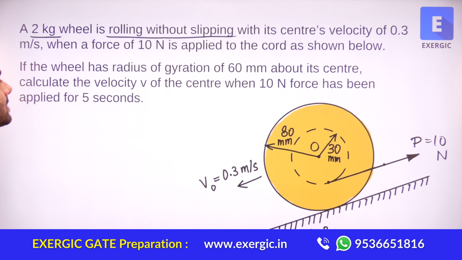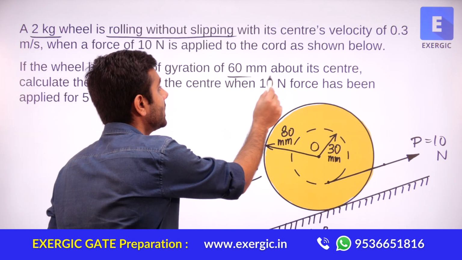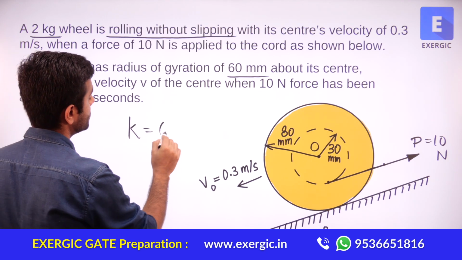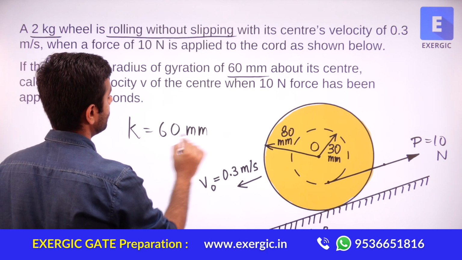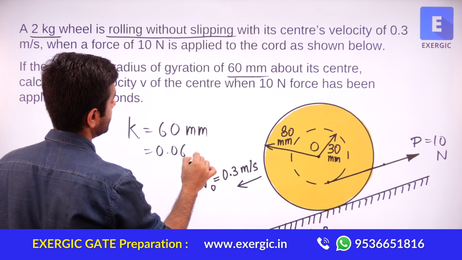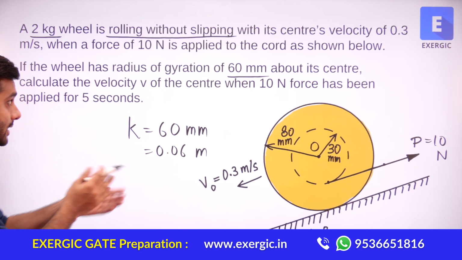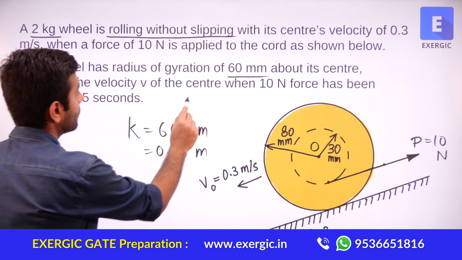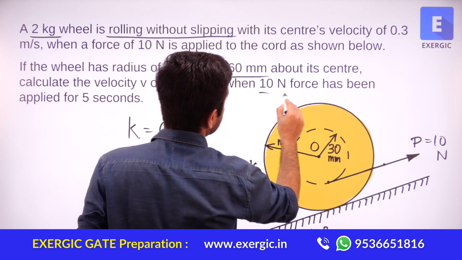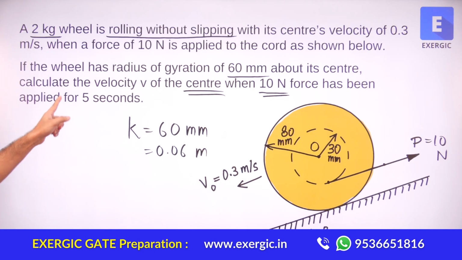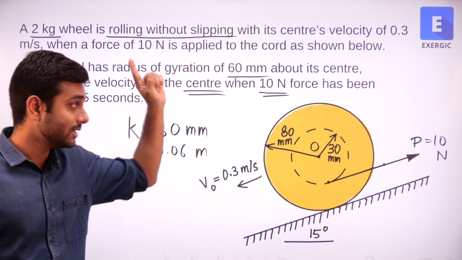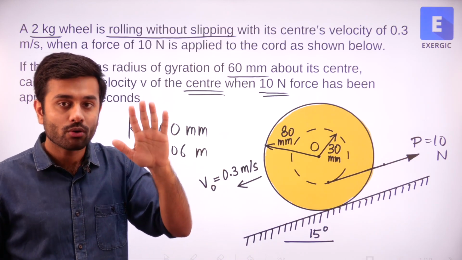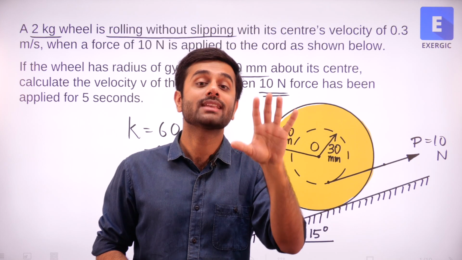The wheel has a radius of gyration of 60 mm, so the question has also given you the radius of gyration of the wheel, 60 mm or 0.06 meters about its center. Calculate the velocity V of the center when the 10 Newton force has been applied for 5 seconds.